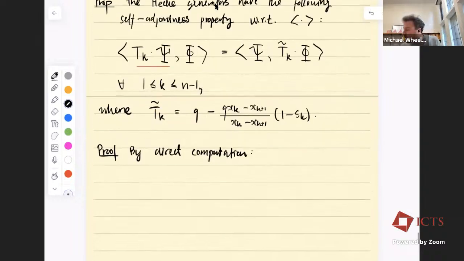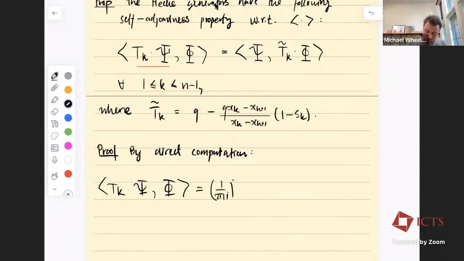So the proof is by direct computation, and you get something like this. t_k acting on psi, scalar product with phi, is equal to all of this stuff for the integrals, and then the Vandermonde factors.